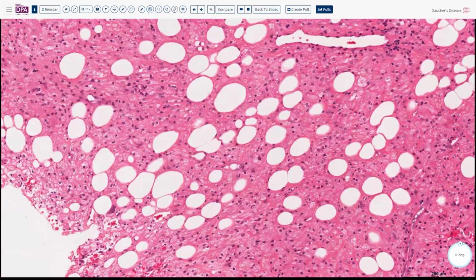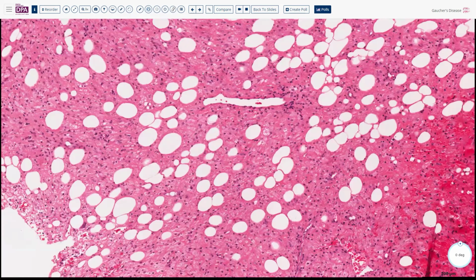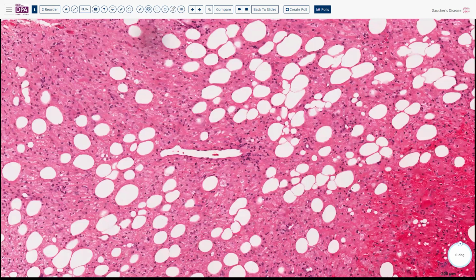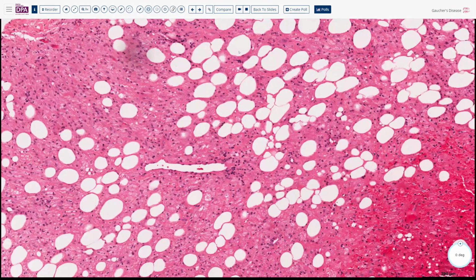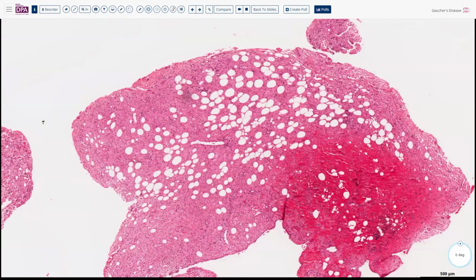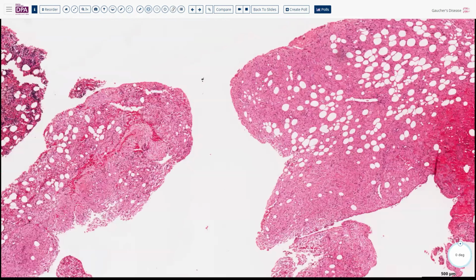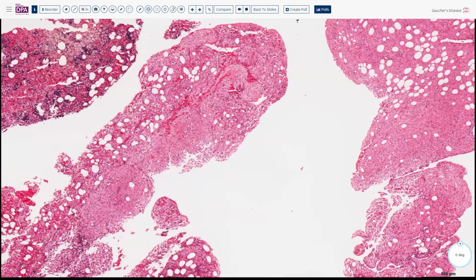This is not really forming any sort of true granulomatous process. Notice it's interspersed between the fat cells, but it's not really indenting them or displacing them in a mass lesion type of process as you might expect with a granulomatous experience.